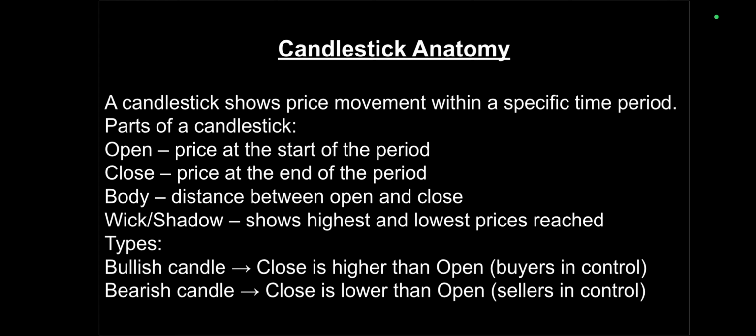So I have some diagrams that I will show you. You can use this one for example. You can see the green candle and then the red candle. The green candle is the bullish candle, while the red candle is the bearish candle. You can actually customize your candles to have different colors.